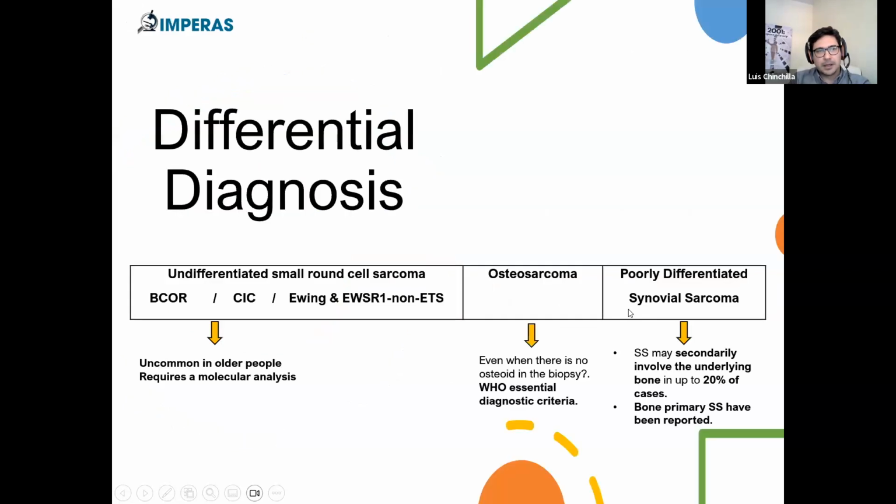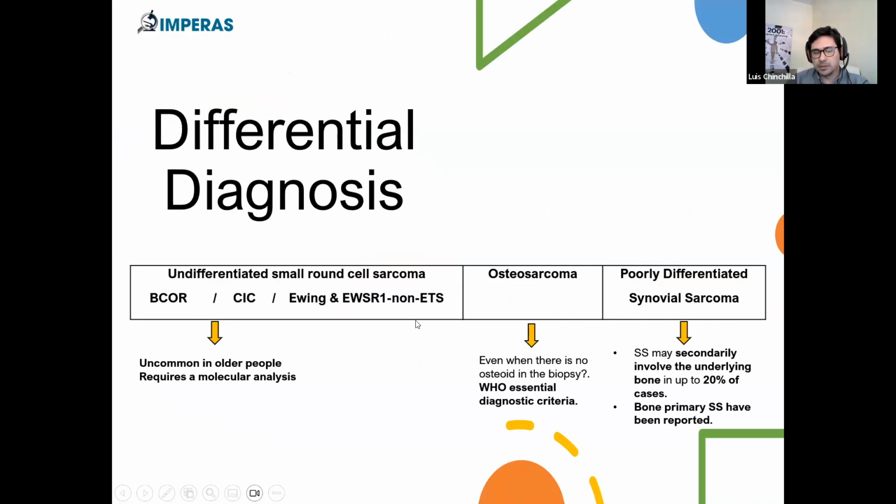Thank you. This was my differential diagnosis, and you may think that I'm crazy because of this differential here. This tumor, undifferentiated small round cell sarcoma, is not frequent in old people, and you probably need molecular techniques to confirm this kind of tumor here.